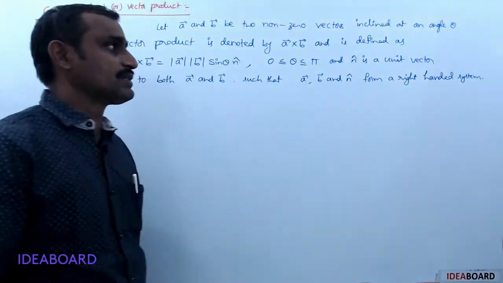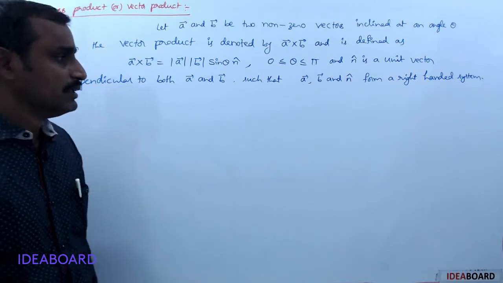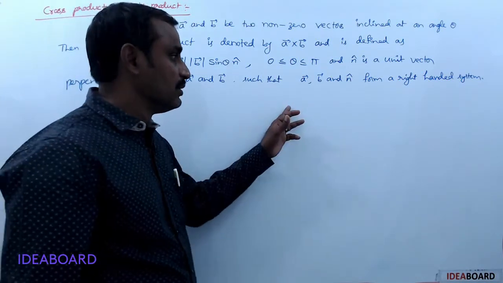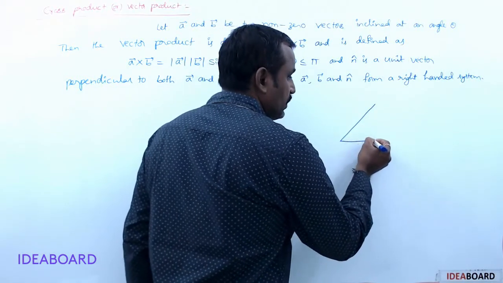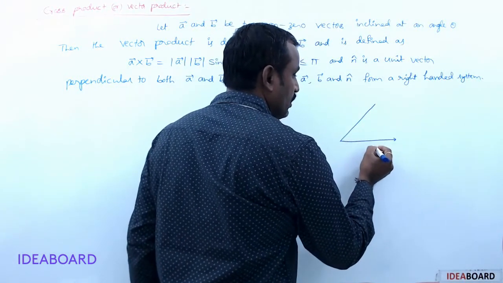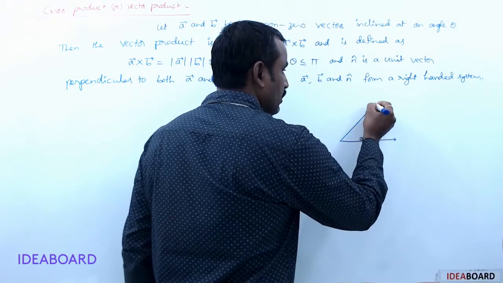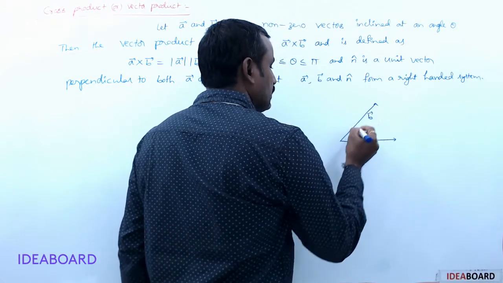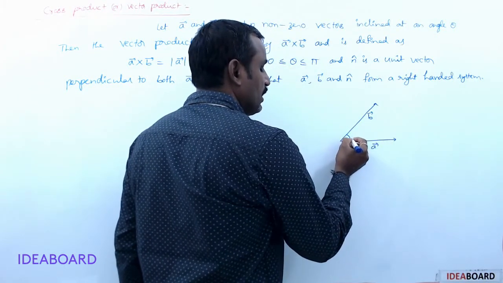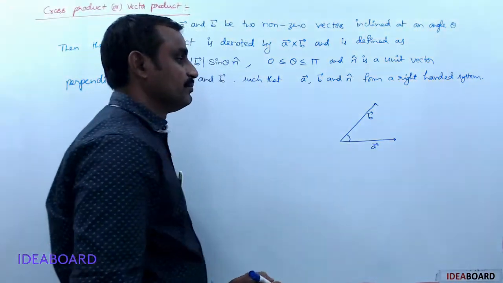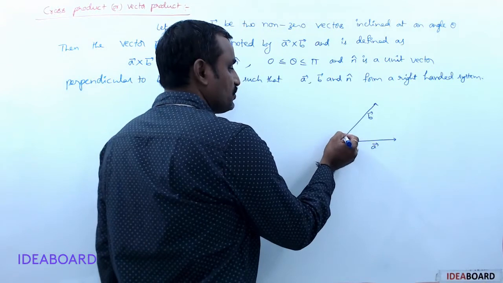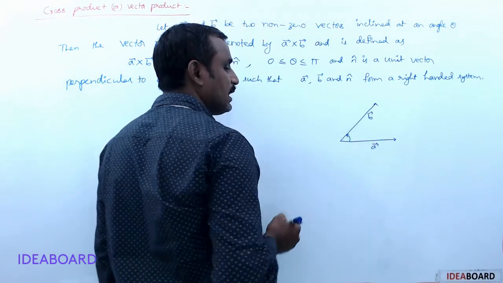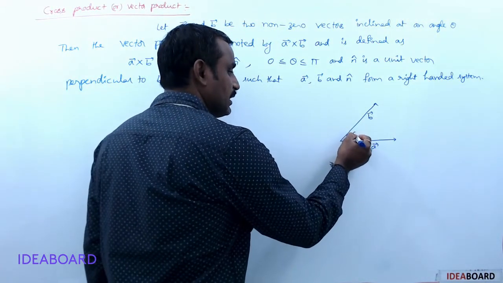So here we are taking two non-zero vectors, one is A bar vector, another one is B bar vector. Theta is the angle between A bar and B bar, in the anti-clockwise direction.